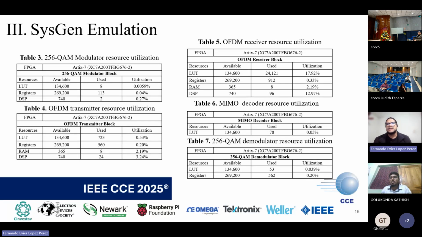We can see that this is the most resource-heavy block, with a LUT utilization of 17.92% and a DSP block utilization of 12.97%. This corresponds to the accumulator and the multiplications that are done in this specific block, and that is why it is the most resource-heavy.